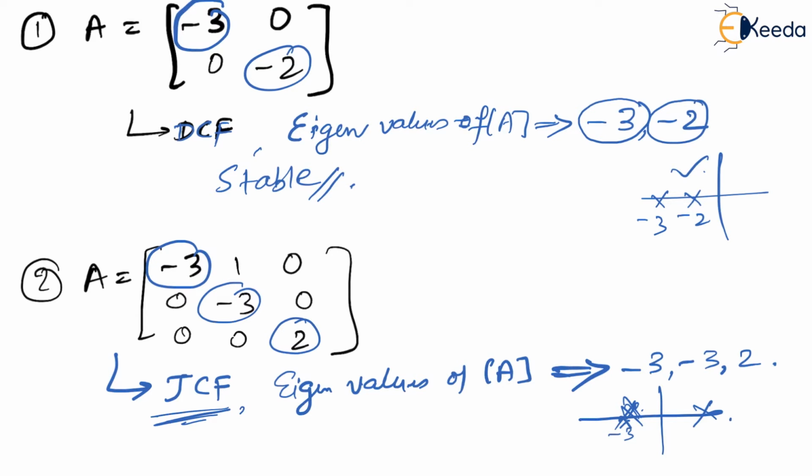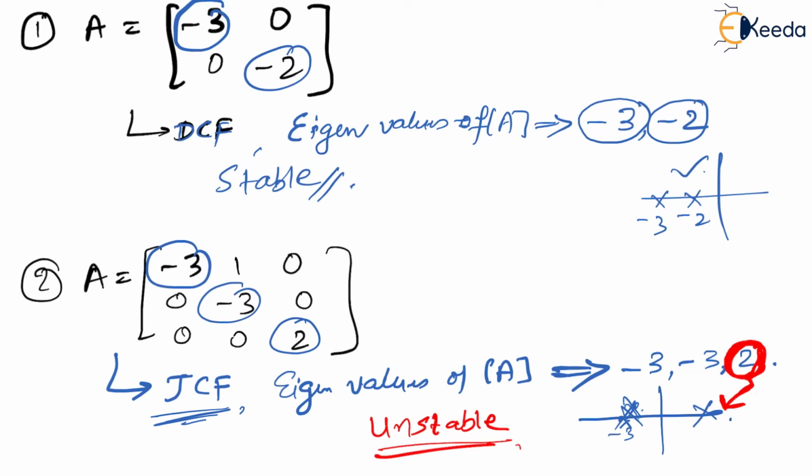So from this we infer that because of this one eigenvalue lying on the right half of the S plane, because of this one pole on the right half, the system is unstable. Getting my point? The system is unstable.